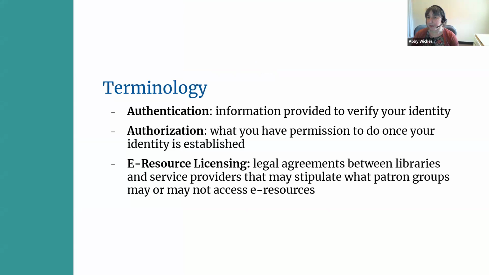To get us started, here are some basic definitions for some key concepts. Authentication and authorization are sometimes said interchangeably since they're very closely related. Authentication is specifically information provided to verify your identity, and the details and type of information can vary. A popular example is your driver's license.